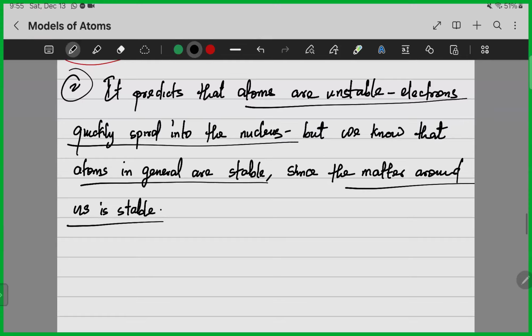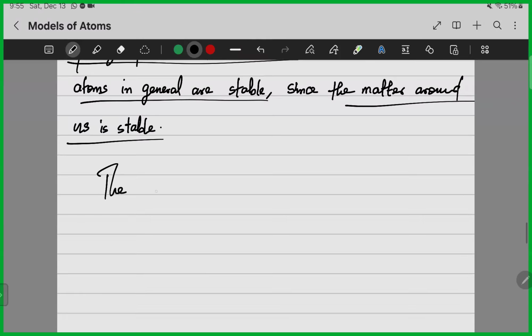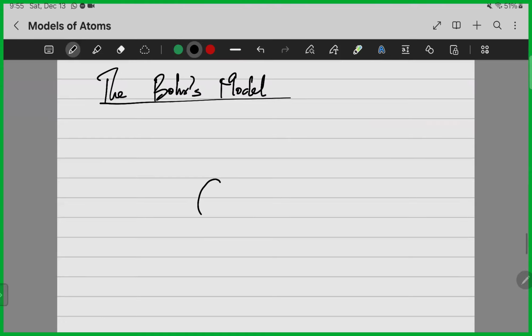Now let's move forward to another model called the Bohr's model. And what is the Bohr model about?